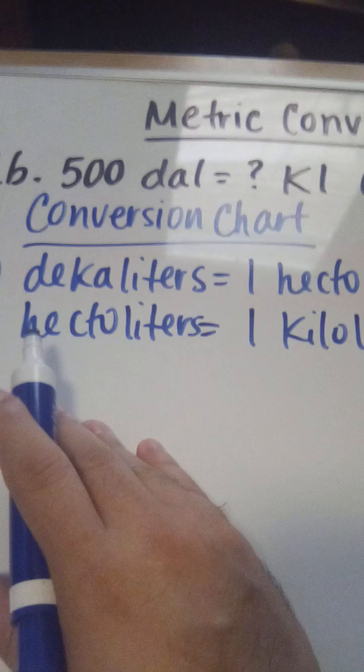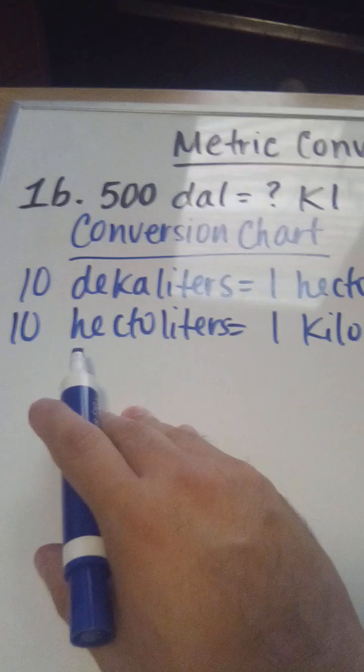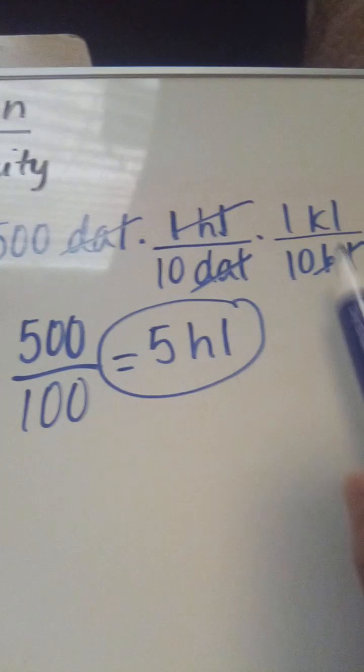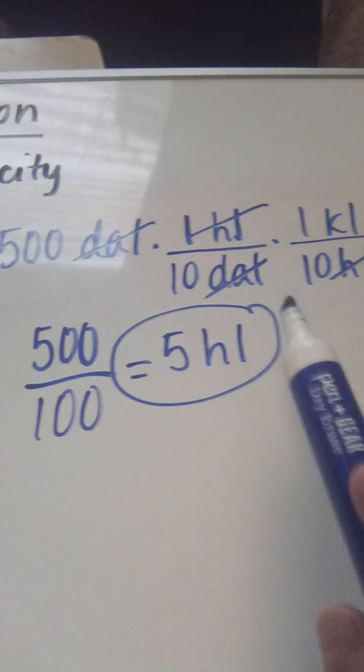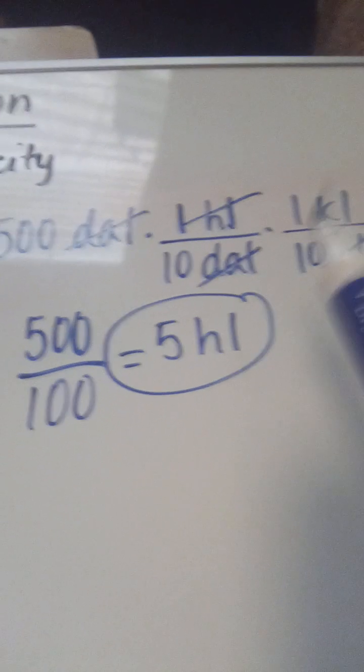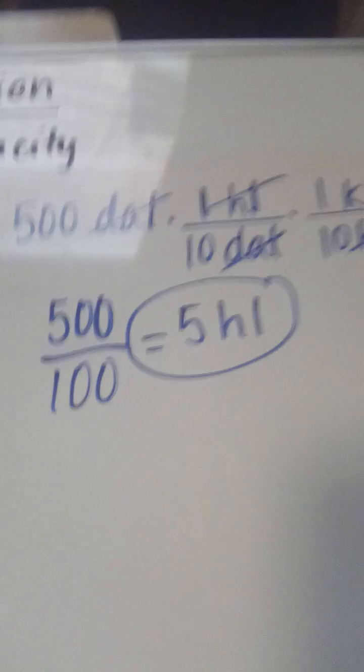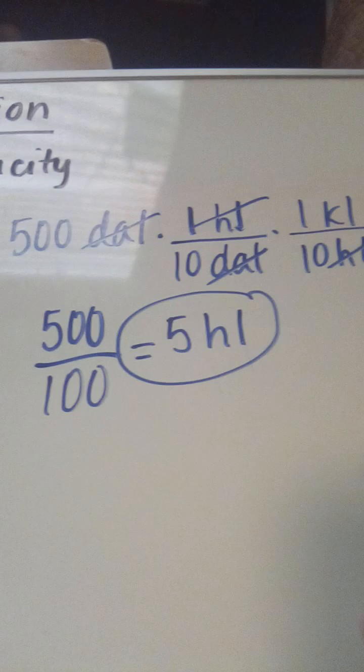So in order to do this, you had to make this your conversion chart to make things a little bit easier. And then you move over to the side to do the conversions. And make sure you set up like this, because if you don't, we don't know what's going to happen. There'll be a couple problems that require a little bit more work, but this is part of the process.